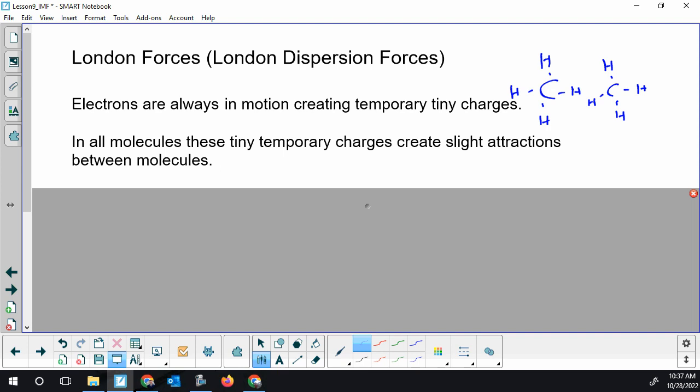That pair of electrons will create tiny temporary charges and will create London dispersion forces between the 2 blue molecules. I'm just putting an arrow in between. So temporary slight positives on one molecule would be attracted to slight negatives on another. Now these come and go, they're not permanent.